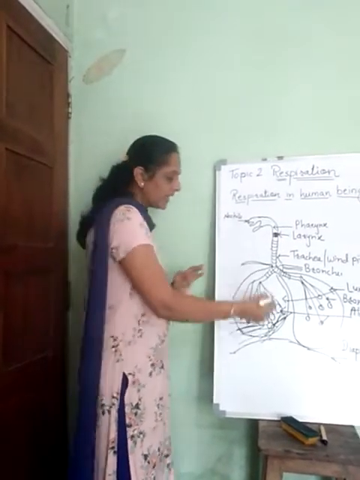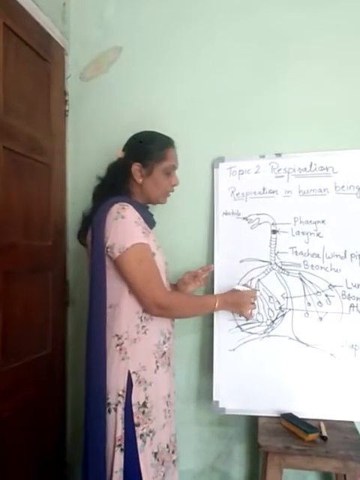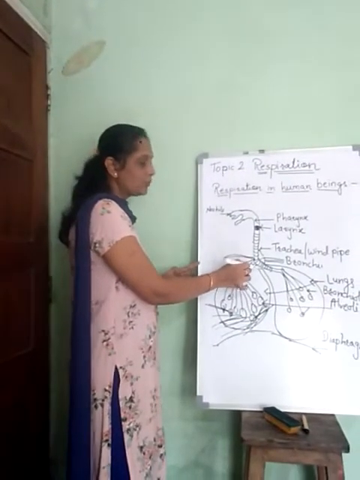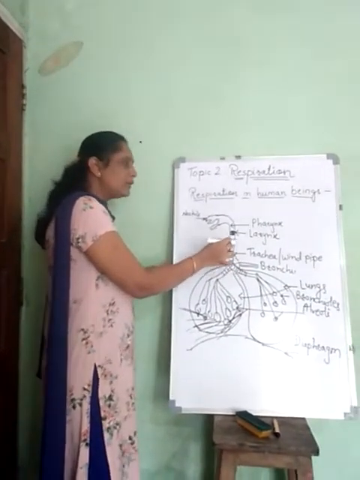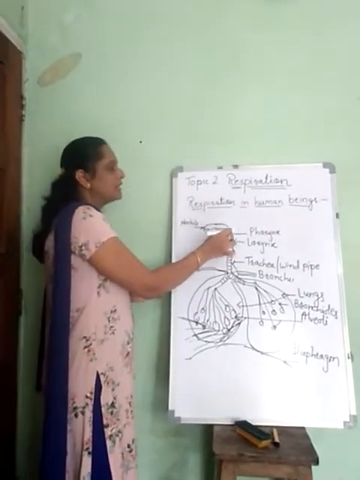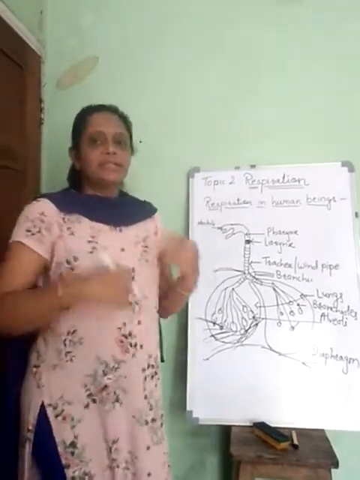Then the alveoli give the carbon dioxide to the bronchioles, the bronchioles give it to the bronchi, from the bronchi carbon dioxide goes to the trachea, from the trachea to the larynx, from there to the pharynx, and through the nostrils it is exhaled out.